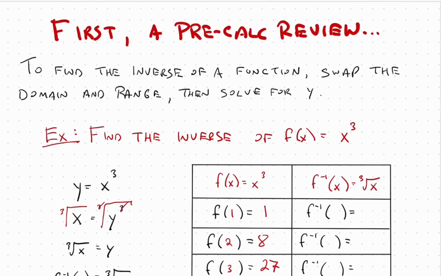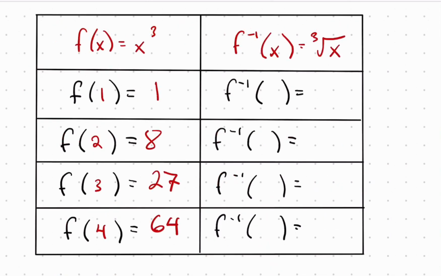A moment ago we said if you want to find the inverse of a function, that basically you're just swapping the domain and the range. In this table to the right, let's try that and see what happens. I'm going to take the range for my answers on the left, which are 1, 8, 27, and 64, and see what happens when I evaluate f inverse for these values.